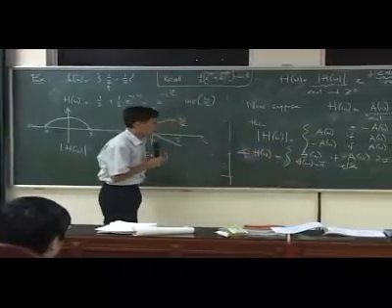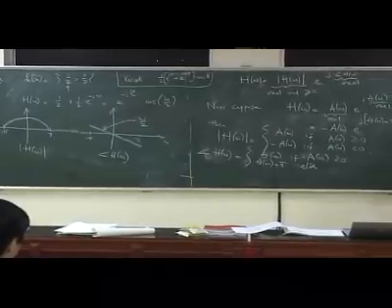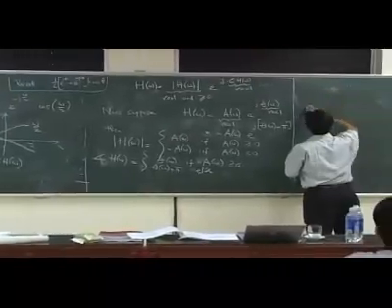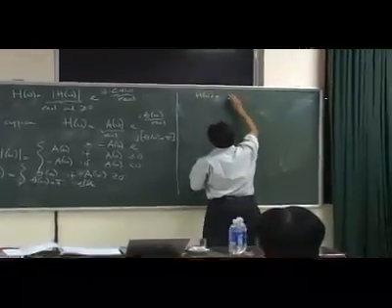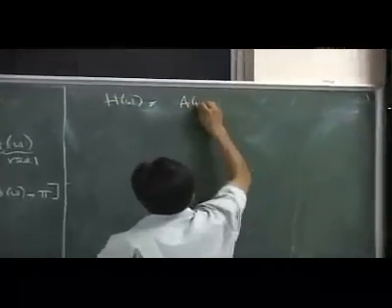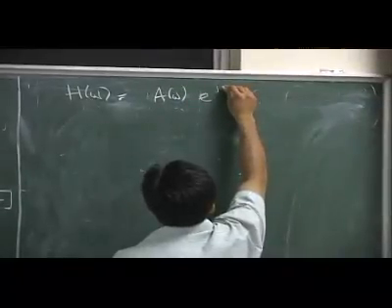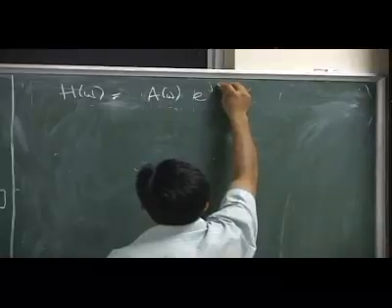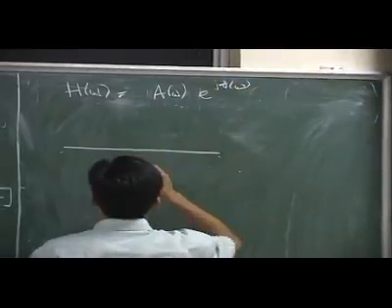Okay. Maybe a short example, and then I can talk. So, for example, if I have an H of omega equal to A of omega times e to the j theta of omega. So maybe let's plot it out here.